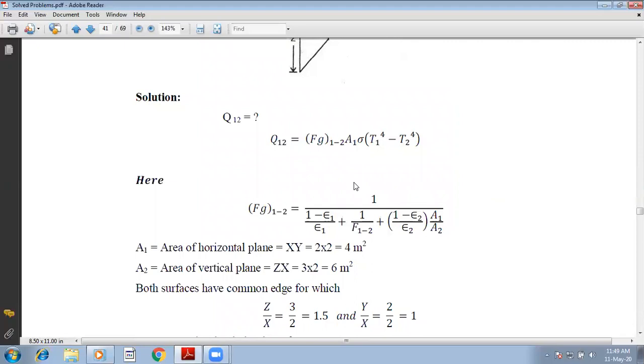I'm referring to 8th edition of Heat and Mass Transfer Data Handbook. It is in page number 84. Even for 6th edition, the page number remains the same. Now, if you take the area of the horizontal plane, it comes out to be 4 meters square, and the area of the vertical plane is 6 meters square.